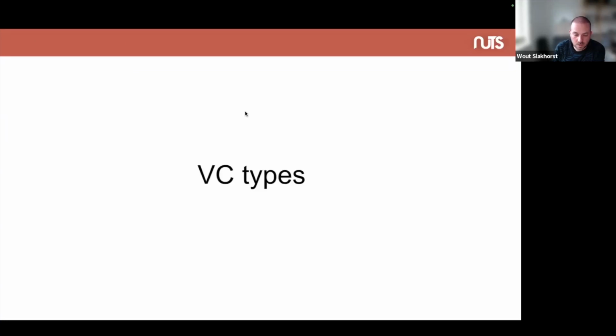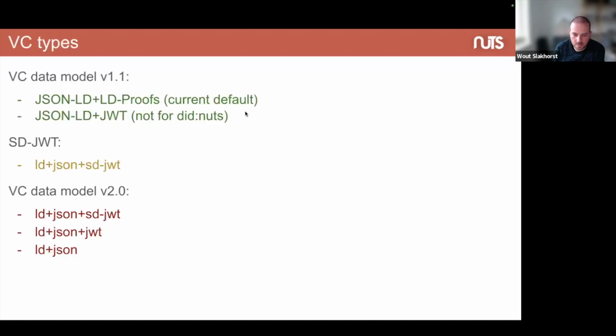Okay. Next, something on the different verifiable credential types. There's been a bit of a search. The current verifiable credential data model version 1.1 lists 2 different types of verifiable credentials.